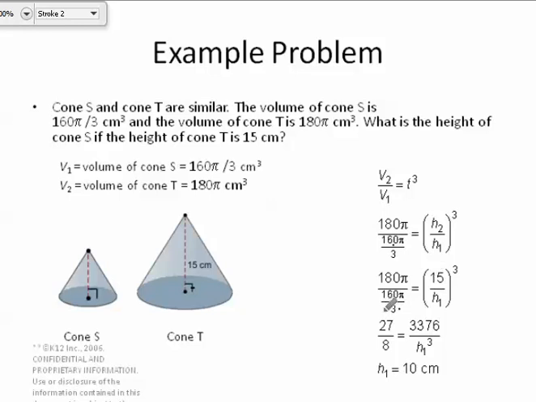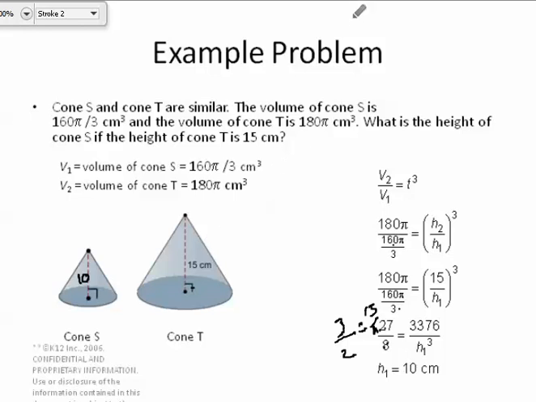Well, it turns out this is 27 over 8, right? Well, 27 over 8, that's actually 3 over 2. When I bring that down, 3 over 2 is equal to 15 over H1. Well, we can actually multiply by 5, and I see that this one's going to be 10 as the height on this one. Ta-da.